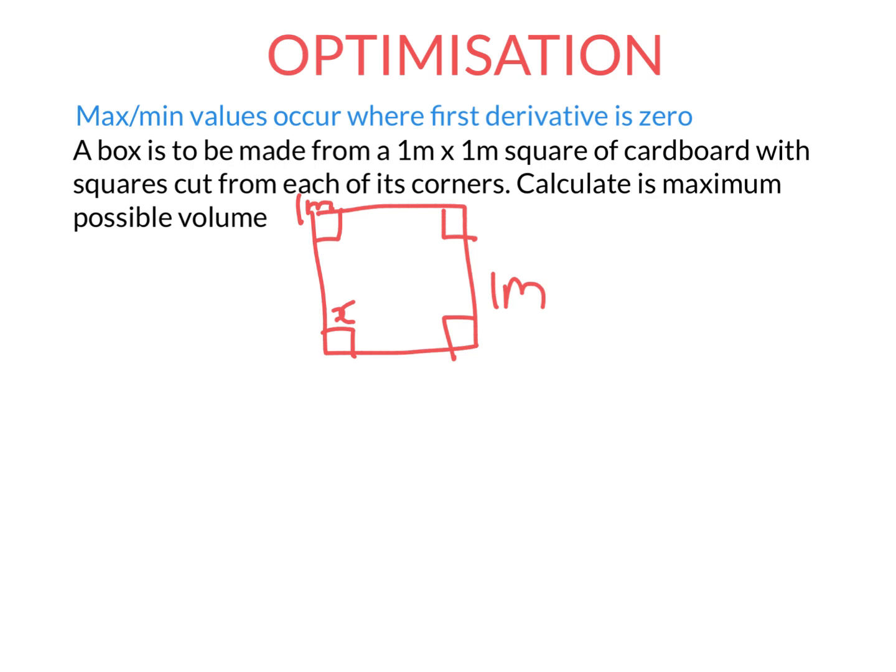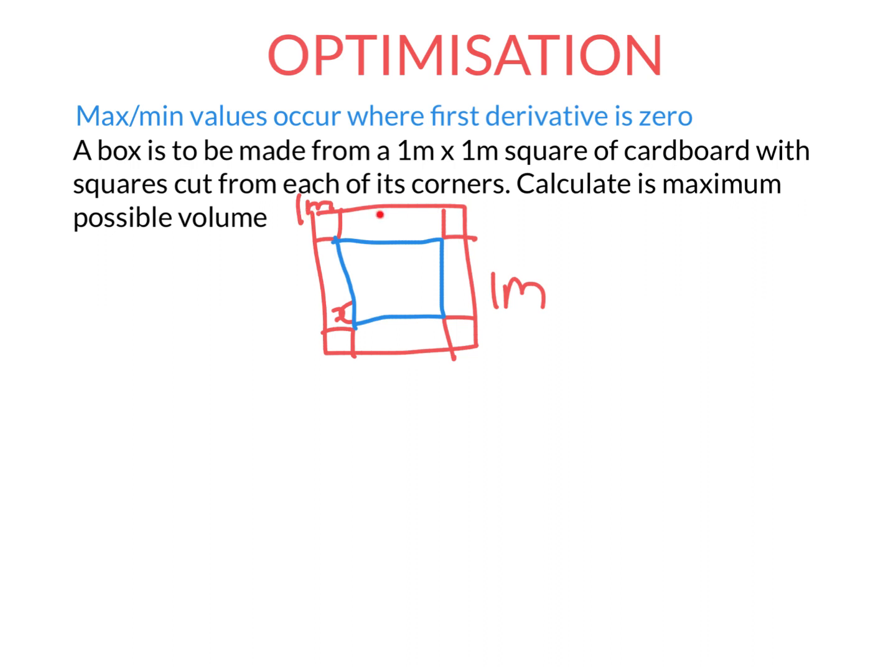So what's going to happen is these squares are cut out and then we fold up along this line to make a 3D box. So the base of the box is going to be this square here. What are its dimensions?